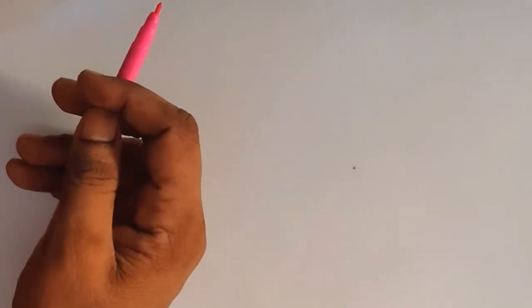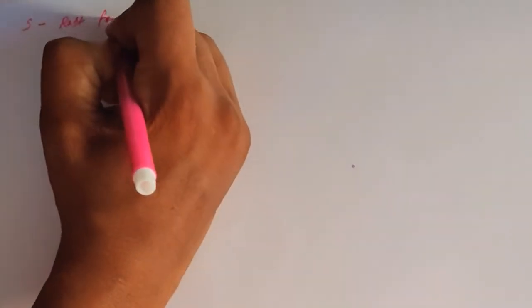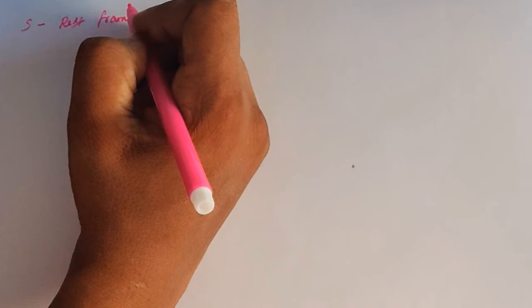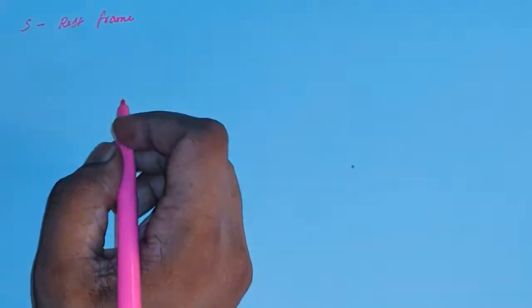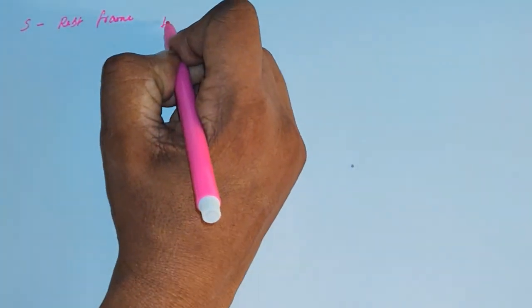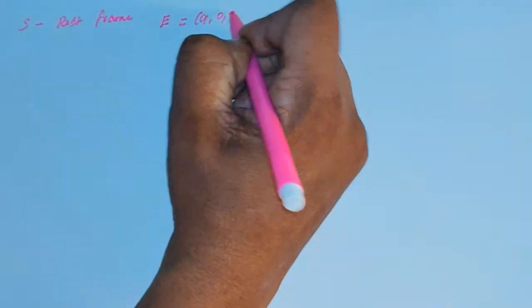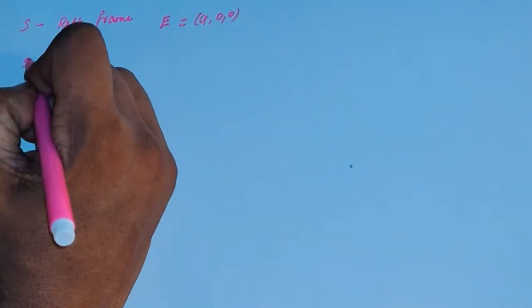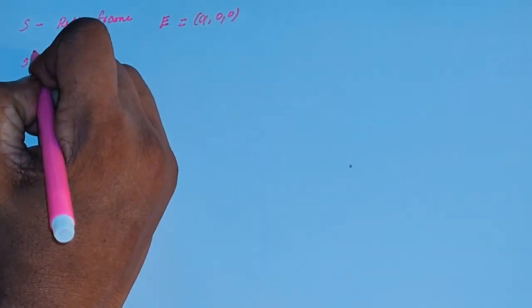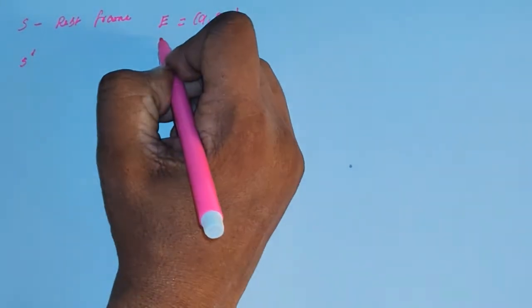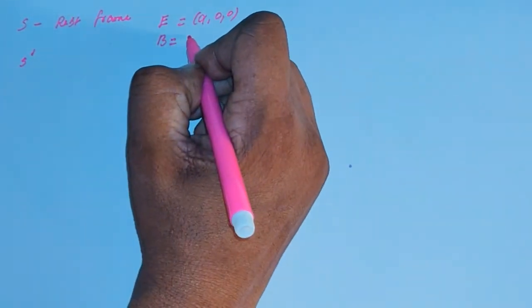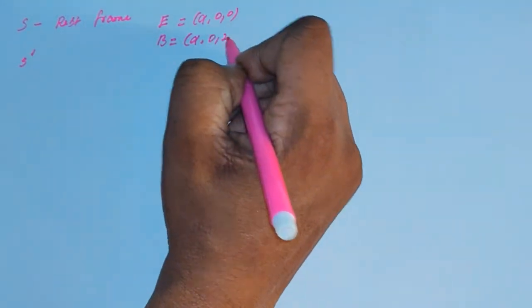So inertial observer A at rest, in the S frame, which we can call the rest frame, measures the electric field E equal to (alpha, 0, 0) and the magnetic field equal to (alpha, 0, 2 alpha).